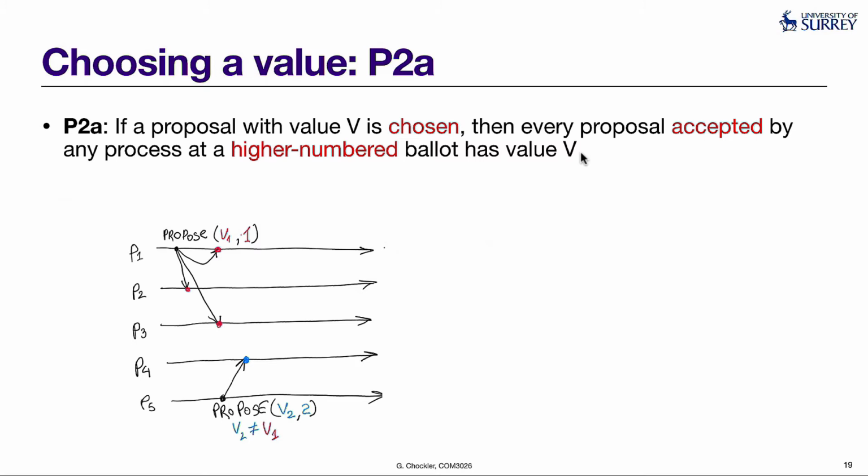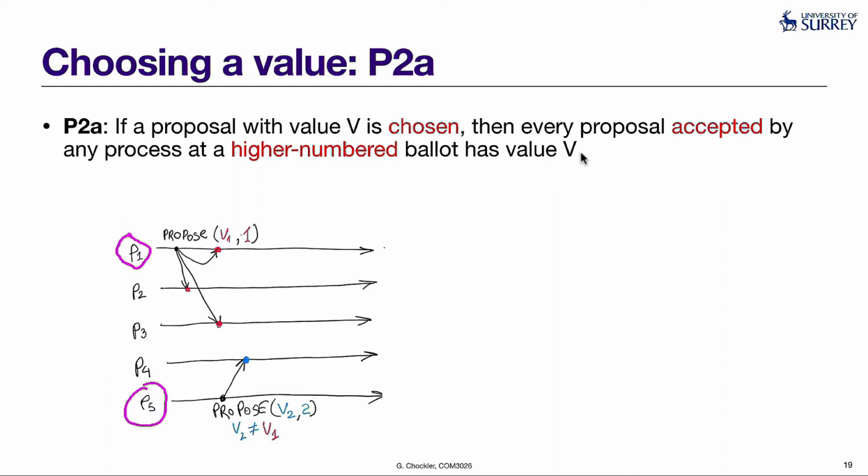Property P1 must still be satisfied. And so here we see a problematic scenario. Again, we have a failure detector making a mistake, so we have two leaders, P1 and P5, simultaneously active in the system. And P1 succeeds to propose its value to a quorum, a red value V1.